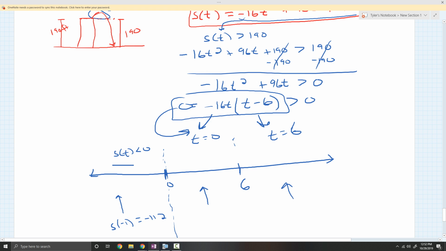I can just make some dashed lines here to separate these. Then if I want to pick a point inside of here, you could pick anything between 0 and 6. I picked 1, just to make that easy. If you plug 1 in, you should get 80, which means that s of t is greater than 0 in this region. In other words, it's positive. And then inside this region, I plugged in f, again, it's not f, sorry.